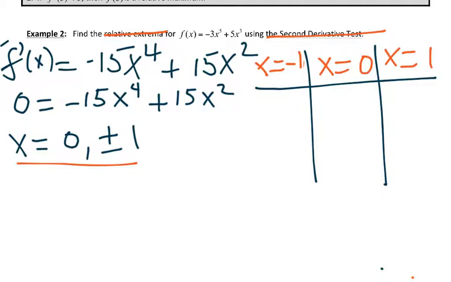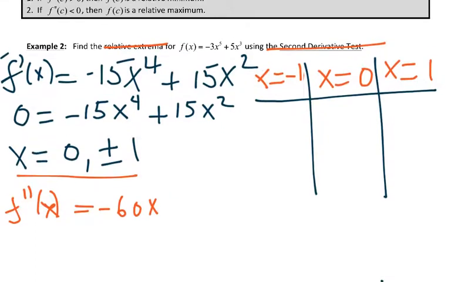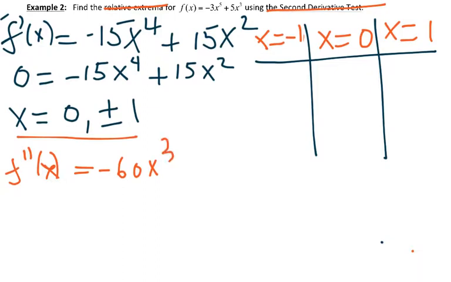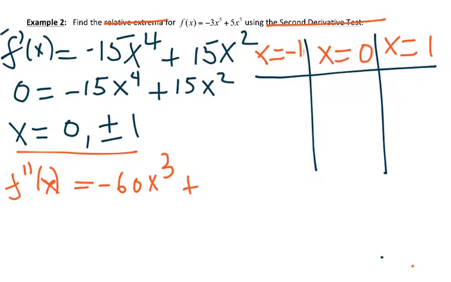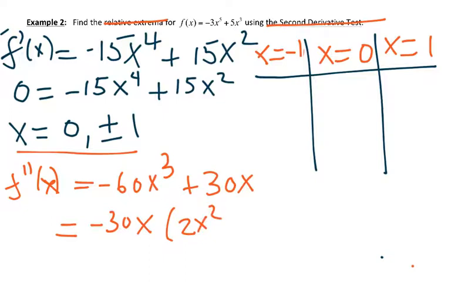Then we take the second derivative, which gives negative 60x to the third power plus 30x. We can factor it, taking out negative 30x, so I have negative 30x times 2x squared minus 1.